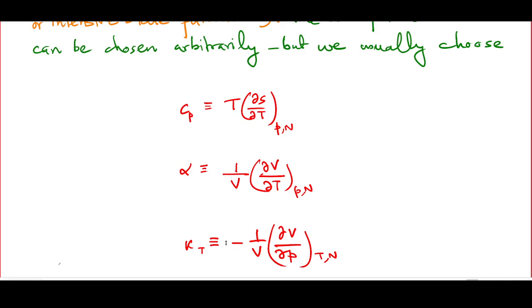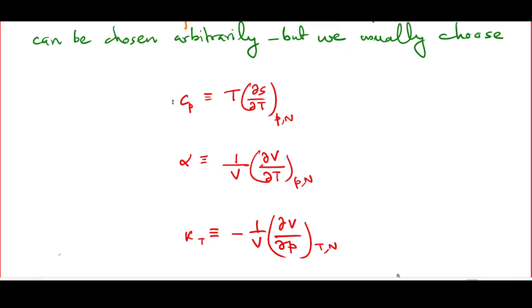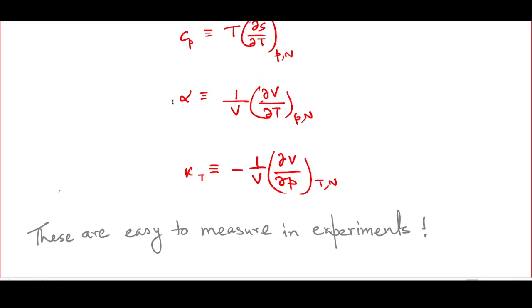So it would be very easy if we were to express our partial derivatives, which would usually express experimentally relevant quantities, in terms of these three, then we should be able to match with experimental values rather nicely. So that is the reason why we look at these three quantities and try to express all our partial derivatives in terms of these three.